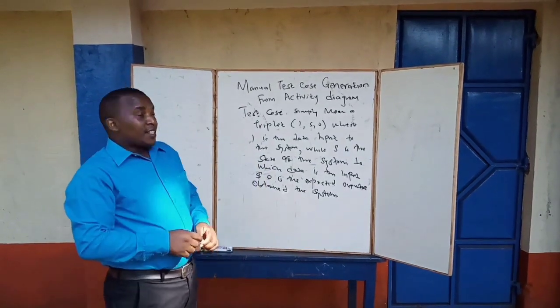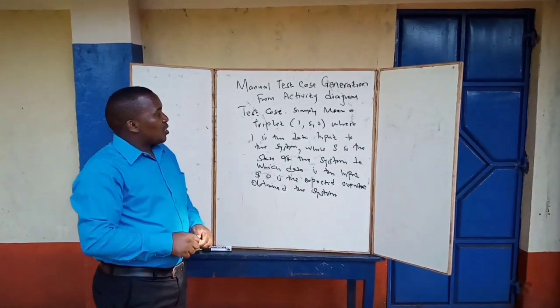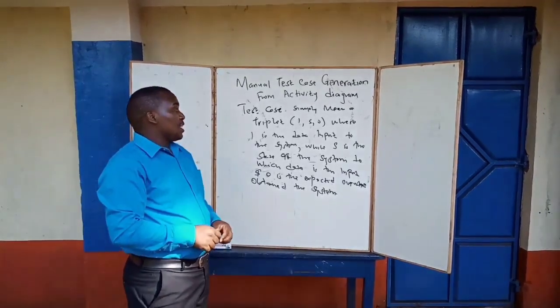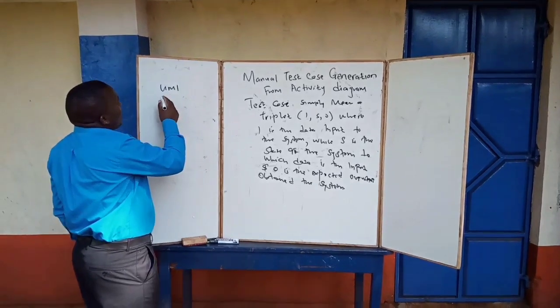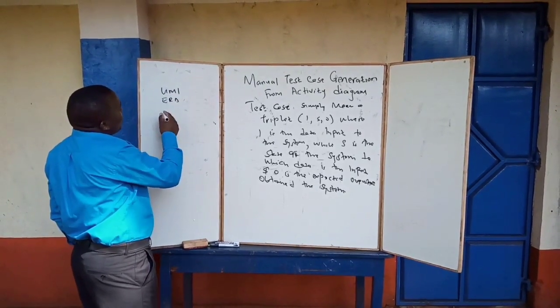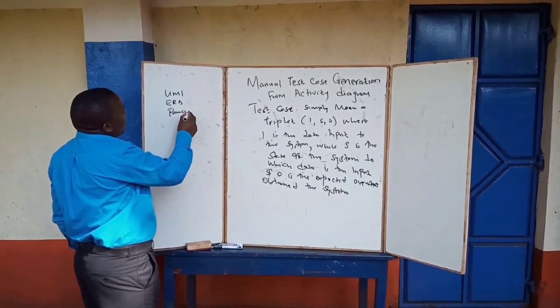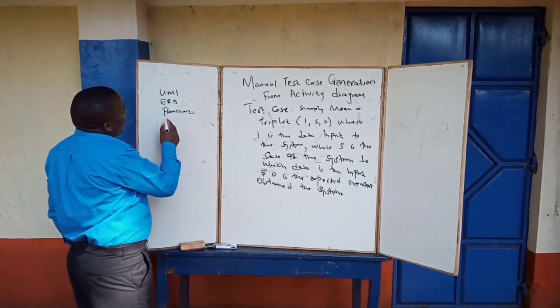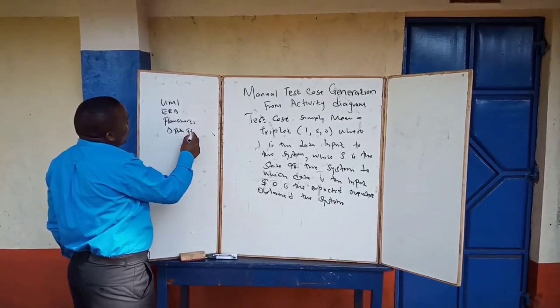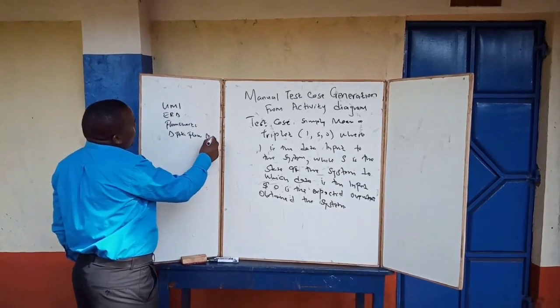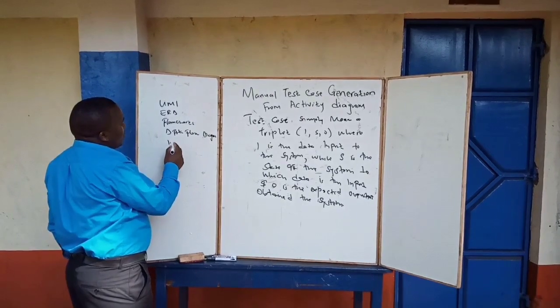Test case can be either generated from the source code or from a visual software model, such as the UML, entity relationship diagram, ERD, flowcharts, and data flow diagrams, that is DFDs.